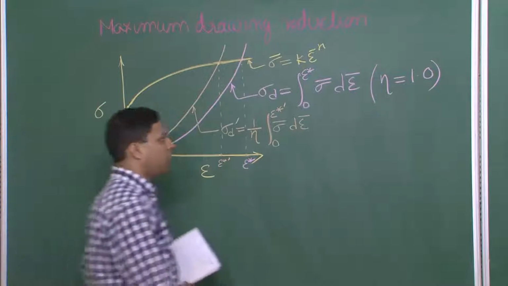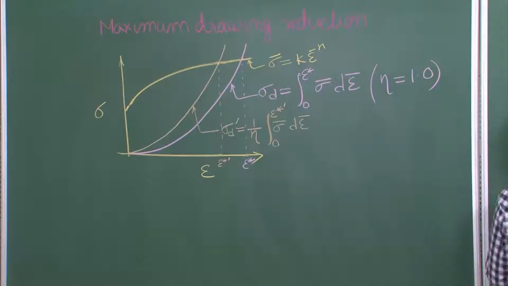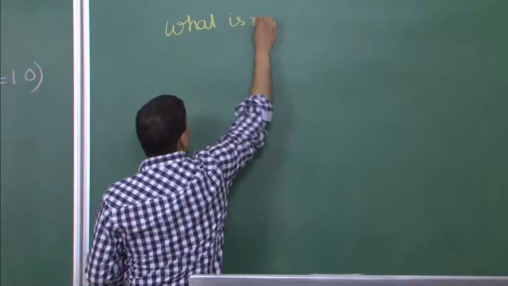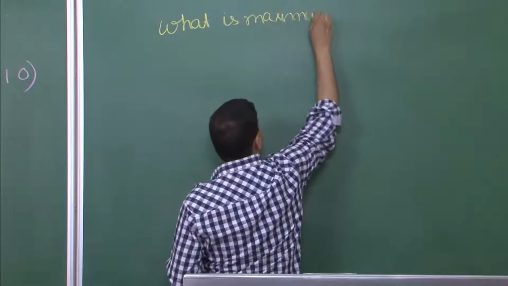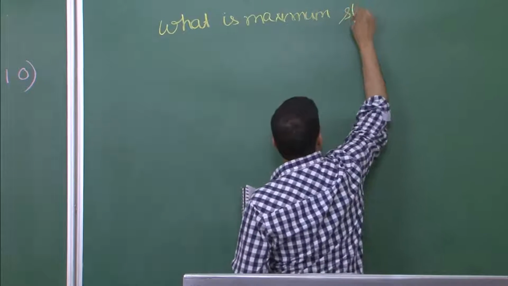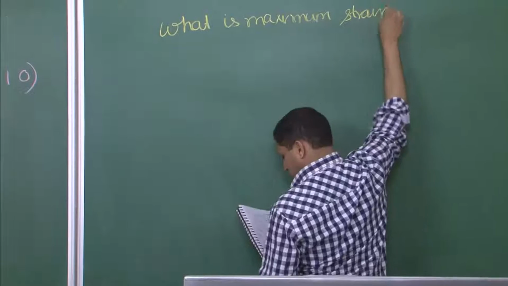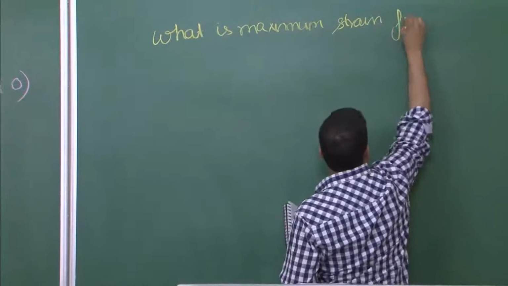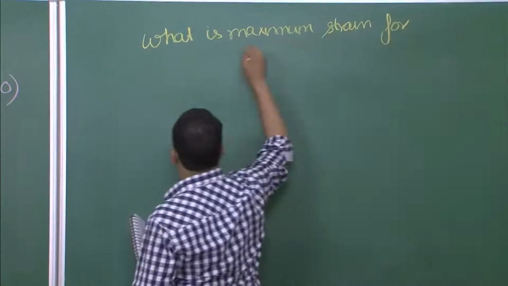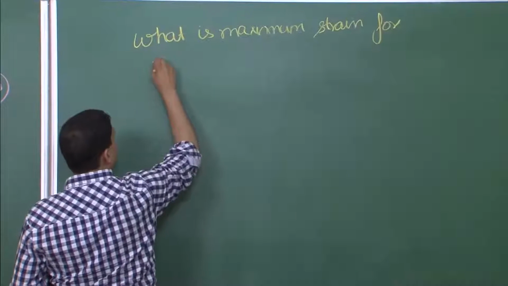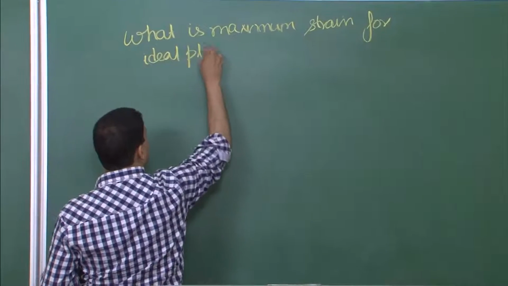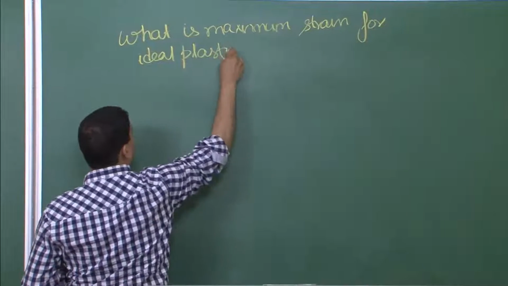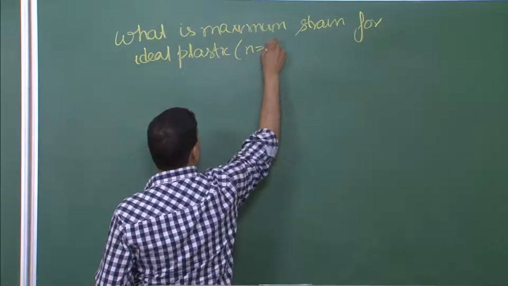The problem is, what is the maximum strain for a material which shows ideal plastic behavior? What is ideal plastic? Ideal plastic is when n is equal to 0.